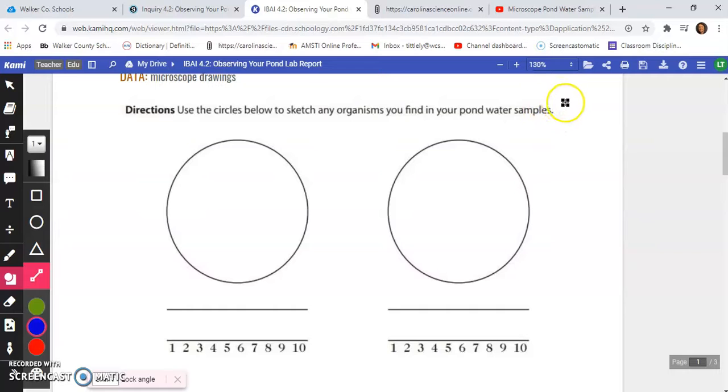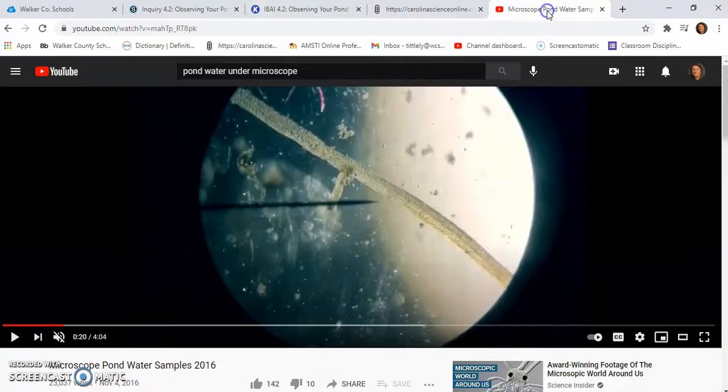We're going to be focusing on the microscopic or small organisms. So as you watch this video, you can pause and go back and forth to your lab report so that you can draw up to 4 microorganisms that you see in your pond water samples. Okay, so let's take a look at this video footage of some pond water samples.